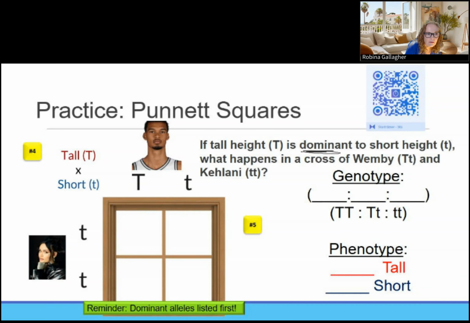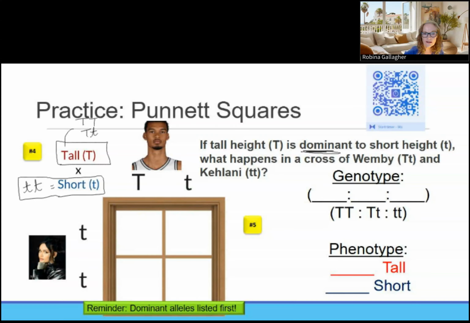It has a big T. Remember, to be tall, I have to have a homozygous dominant or heterozygous, right? Tall is dominant to the short, right? So the only way for me to be short is if I am homozygous recessive.